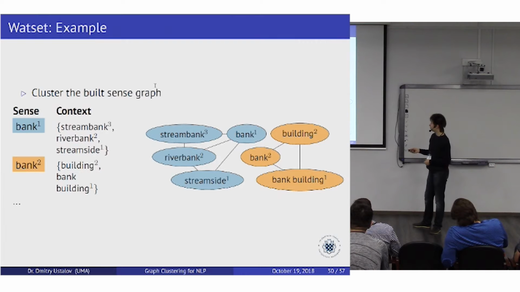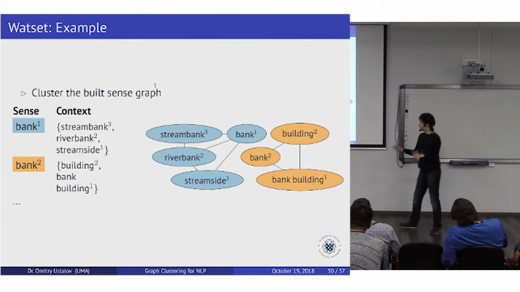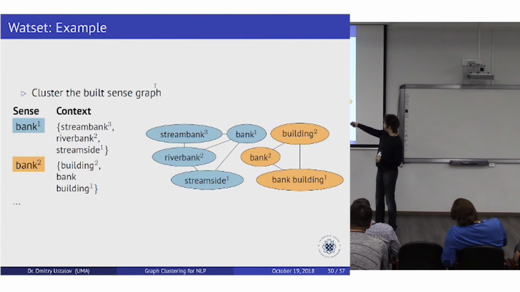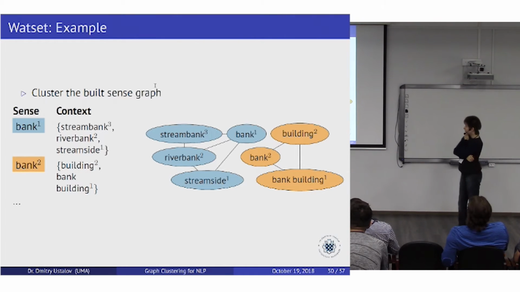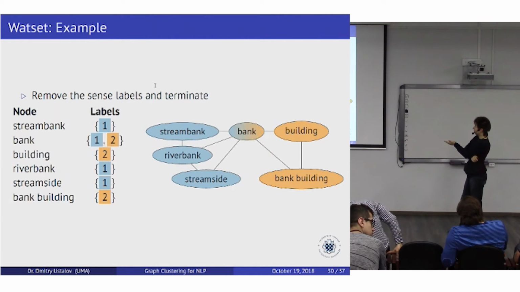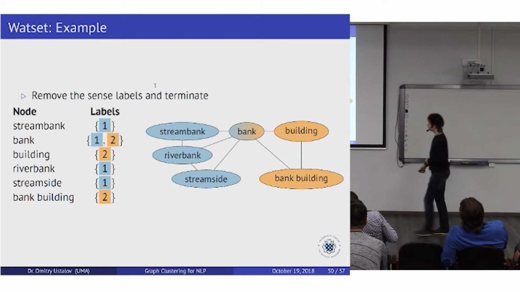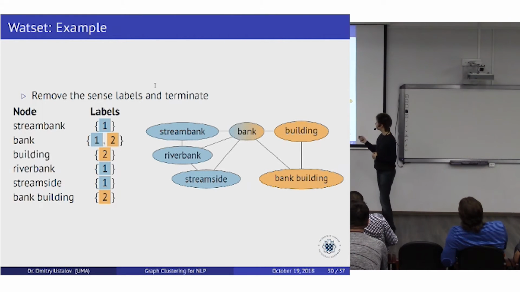You run the clustering algorithm. Wow, it makes it possible to capture these relationships. And now all you need to do is just to remove the sense labels. That's it. Very simple, very efficient in our experiments.